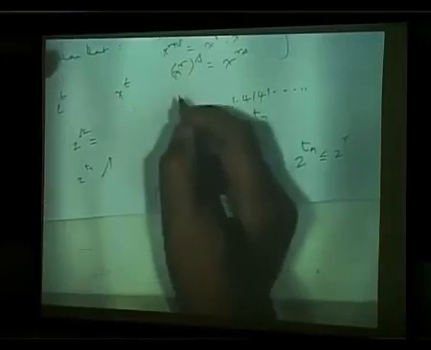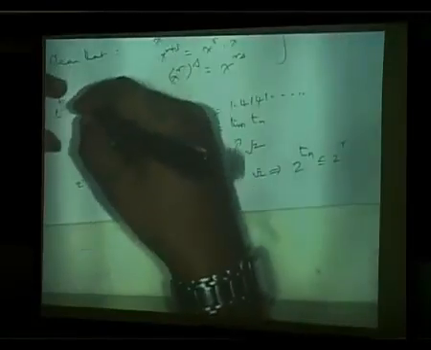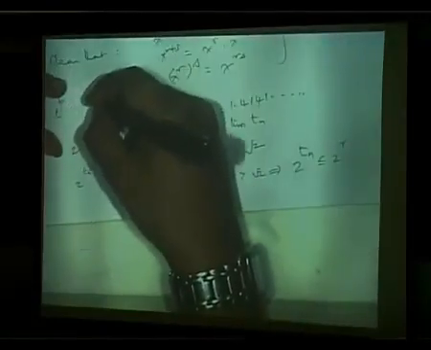So what do you think 2 power square root 2 should be defined as? There is only one natural way. You expect 2 power t to be a nice function of t. You want this function of t to satisfy these rules in t, and you want this to be continuous.